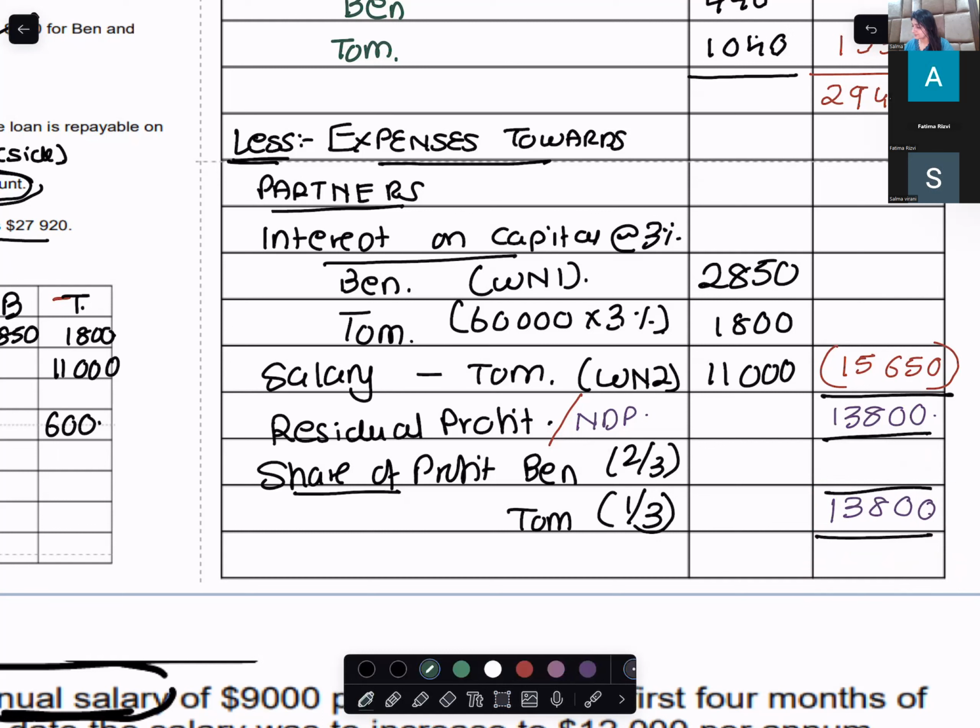Miss, do we write the 13,800 downwards or just right in front of Tom? Just right in front of it, because when you total this, it will come over here. Yeah, miss.